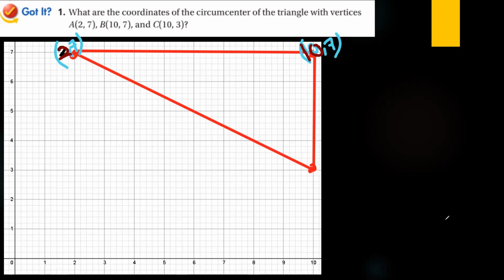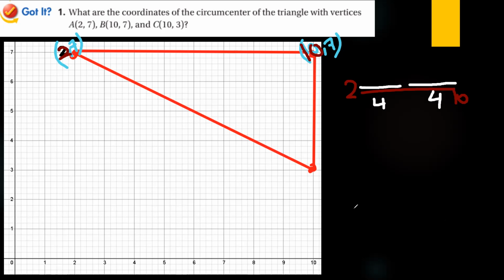Since the length is 8, where will the midpoint be? Is it 6? It's 6. Bravo. The length is 2 to 10, which is 8. They are 4 from the midpoint and 4 from the endpoints.